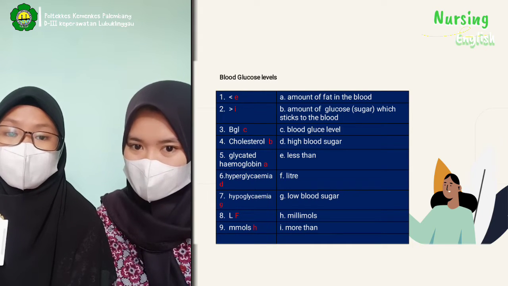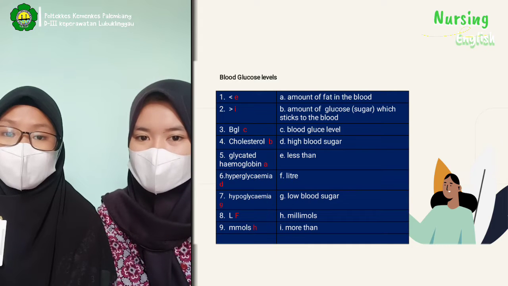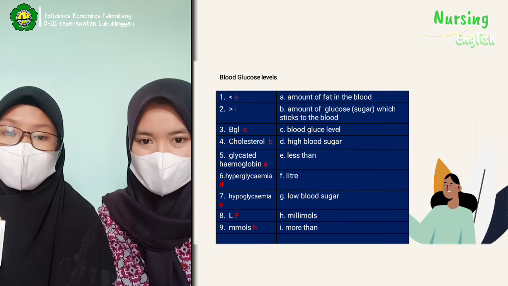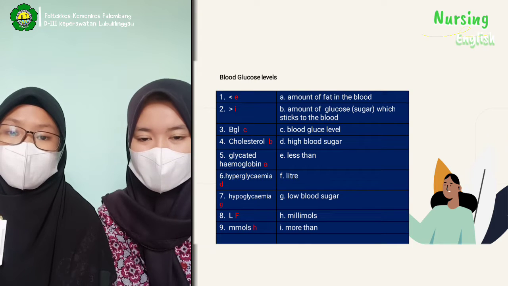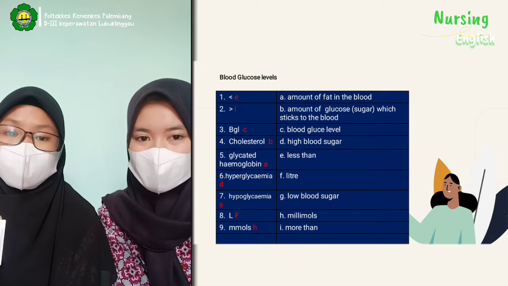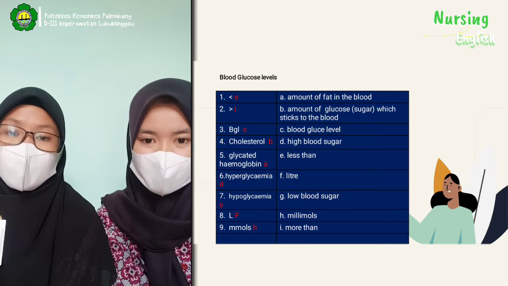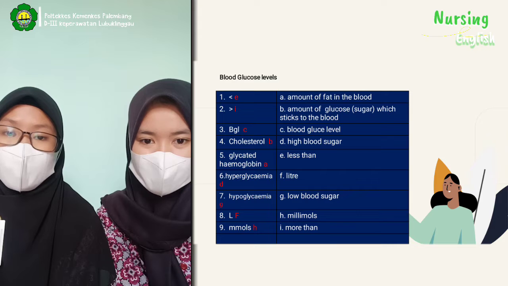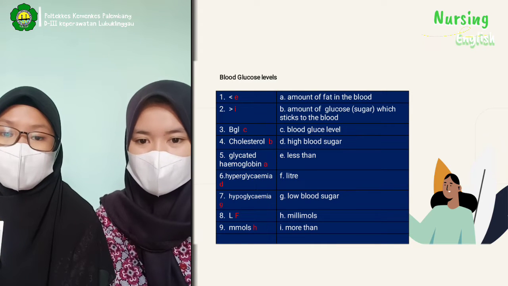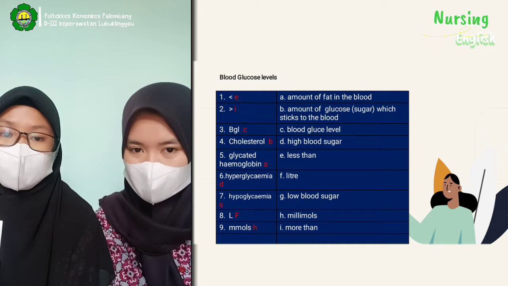Glycated hemoglobin, answer A, amount of glucose sugar which sticks to the blood. 6. Hyperglycemia, answer D, high blood sugar. 7. Hypoglycemia, answer G, low blood sugar. 8. L, answer F, liter. 9. Mmol, answer H, millimoles.